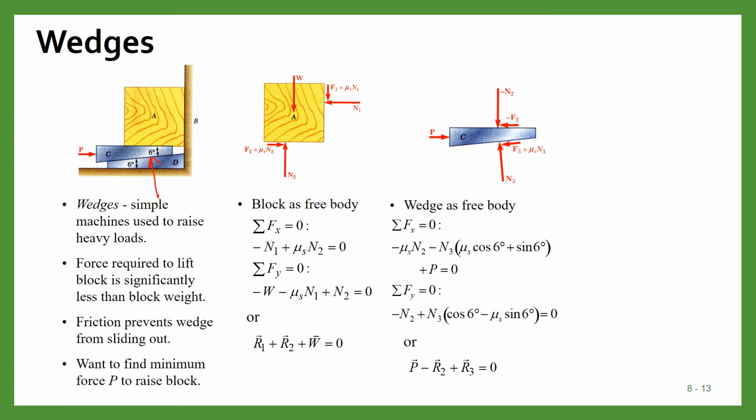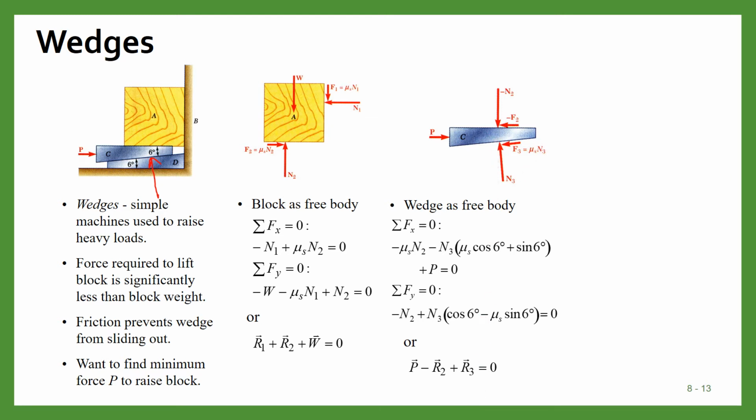Again we do the same thing. We can have the summation of Fx equal to 0. That will give us mu s N2, because this is in the x direction. Now there is some inclination, because we have a 6 degree angle, so this N3 is a bit inclined.